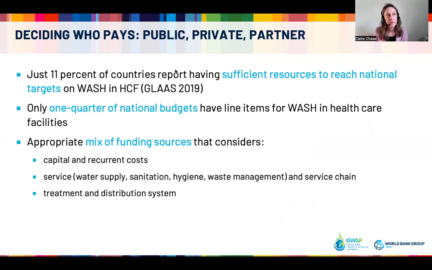One of the recent WASH in Healthcare Facilities reports from WHO and UNICEF identified statistics from GLAAS: just 11% of countries had sufficient resources to reach the national targets, back in 2019. And just a quarter of national budgets had line items for WASH in Healthcare Facilities. So clearly, we need to go out and look for these resources.